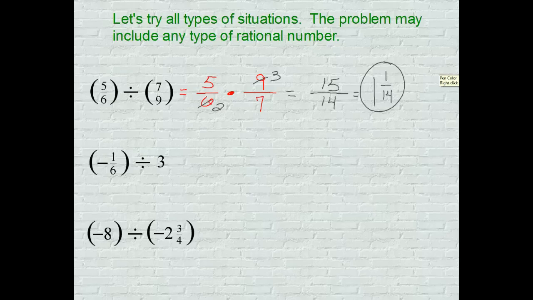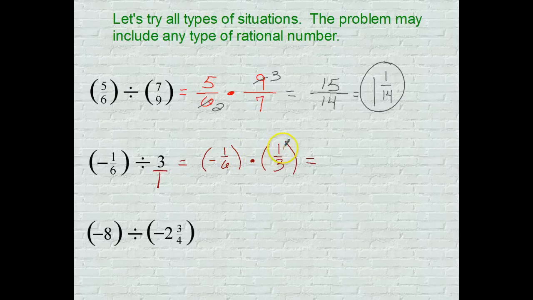Problem 2. Keep negative 1/6 the same. So we have negative 1/6 multiplied by, well, this is 3 over 1. That's the fraction of 3. So if I were to multiply by its reciprocal, it would be 1/3. Nothing to cross cancel.